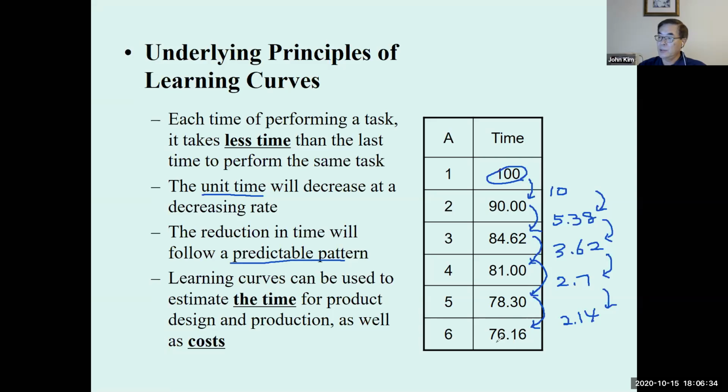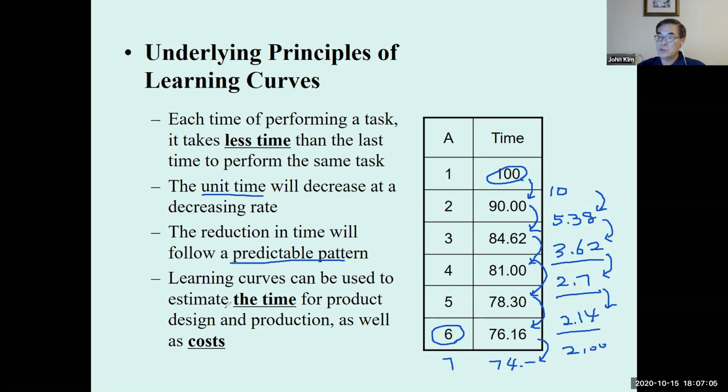So if we know the time for unit 6, then we don't know 7, but we can expect it, because the decreasing rate has a certain pattern, something like 74.